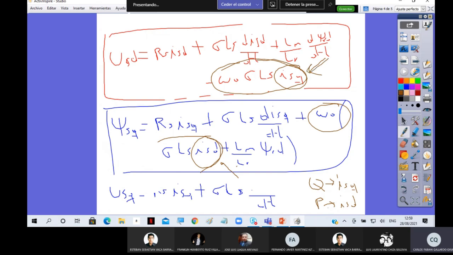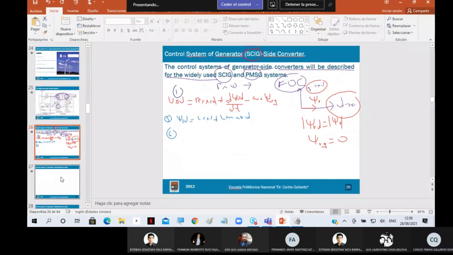We are demonstrating here the decoupled control. Okay, so for this case, okay, so let's continue.